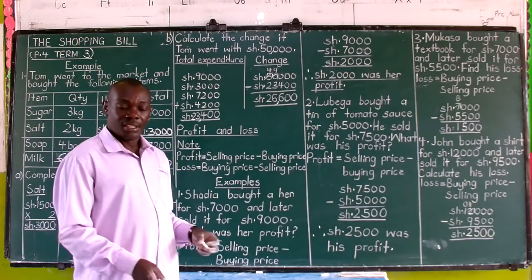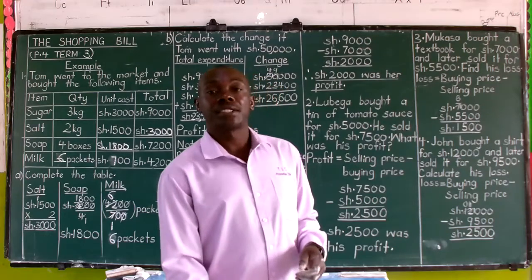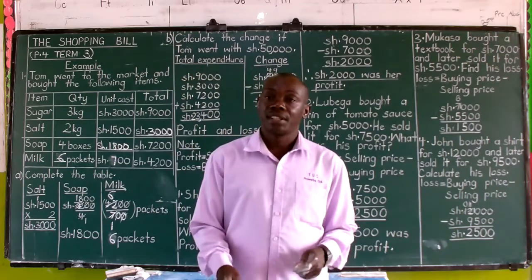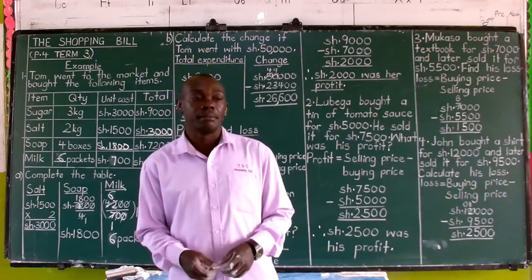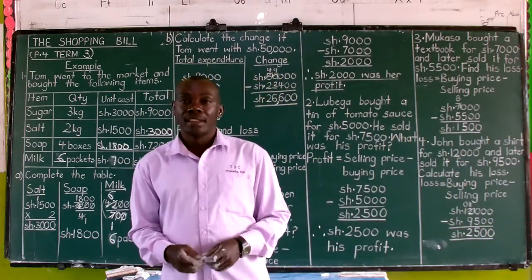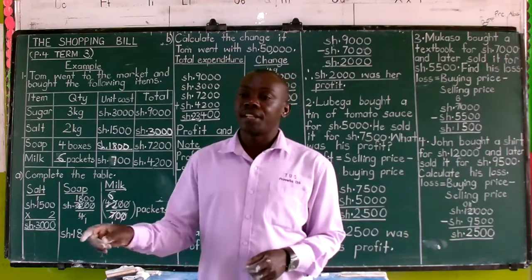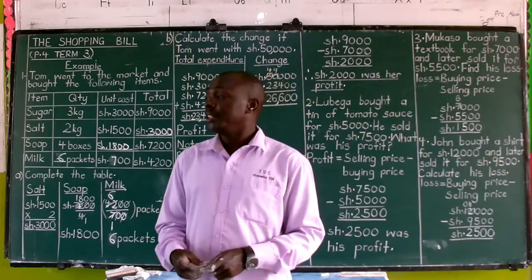Profit is the excess amount of money of the selling price over the buying price. What do I mean? When one sells a commodity at a higher amount than one bought it, that excess amount of money above the buying price is called a profit.